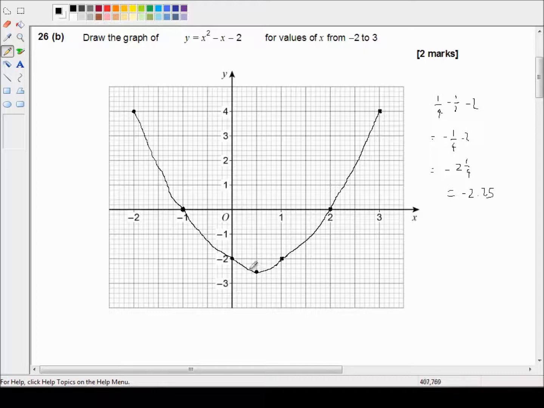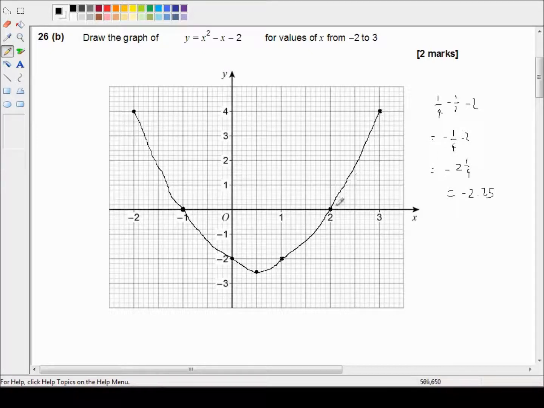And they're going to be looking to ideally see a smooth U-shaped curve like this. Preferably better than this, but it's U-shaped and it's symmetrical about the vertical line x equals 1/2. And they're going to want to see you go through all of those points.